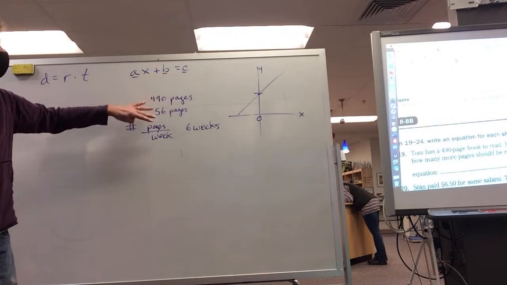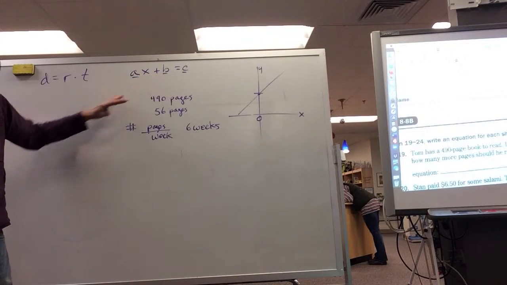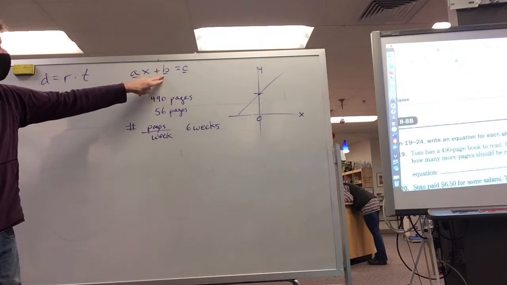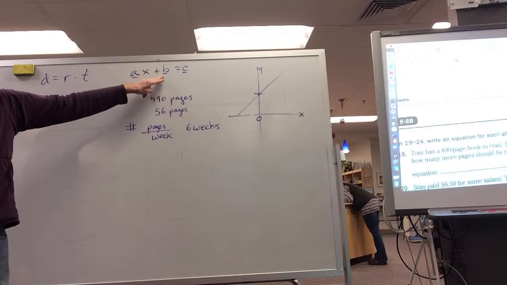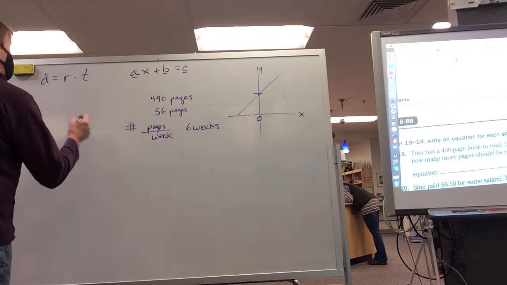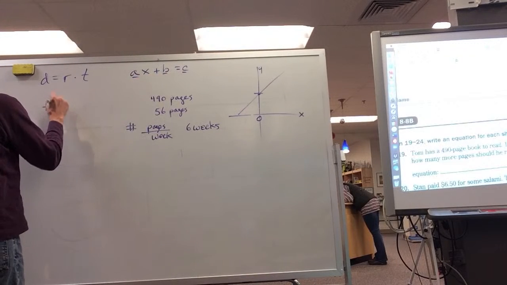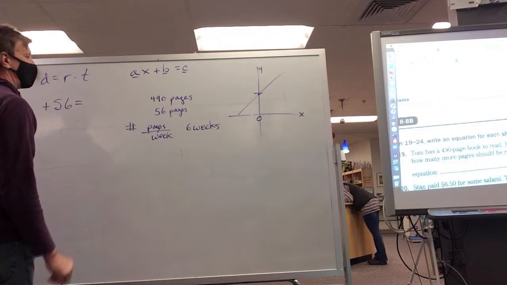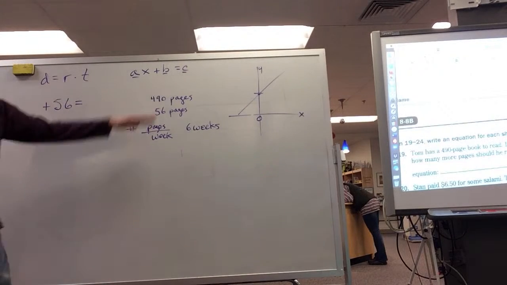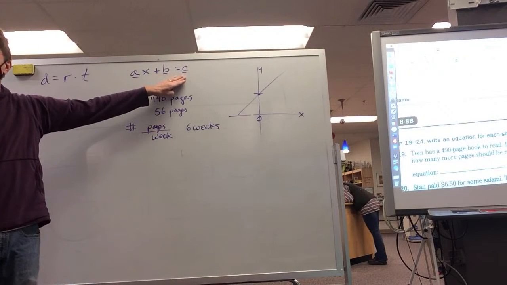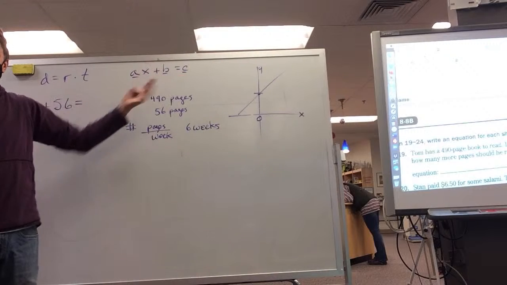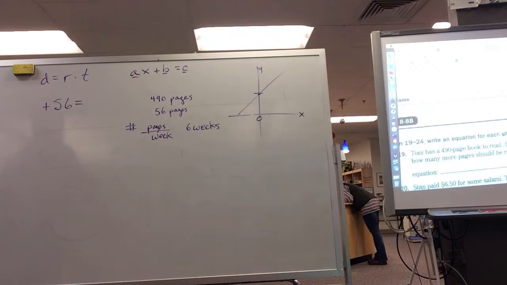So I like to look at these kinds of problems as, where are we starting? Where is he starting? Is he starting on page 1? No, 56. He's on page 56. Okay. And then I also like to look at the answer. What is the question asking? And then when you answer it, what will you be saying?